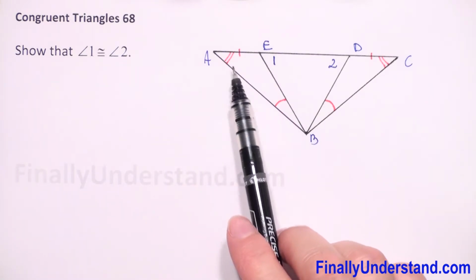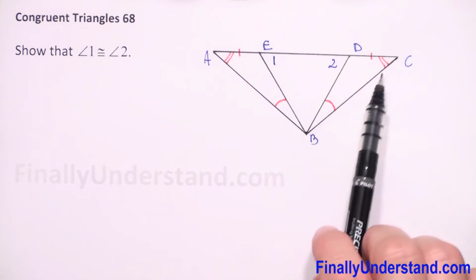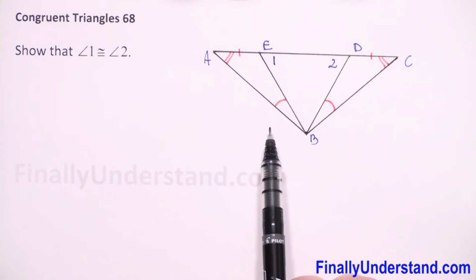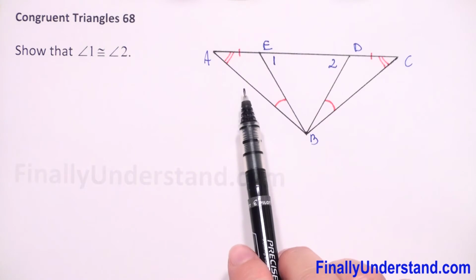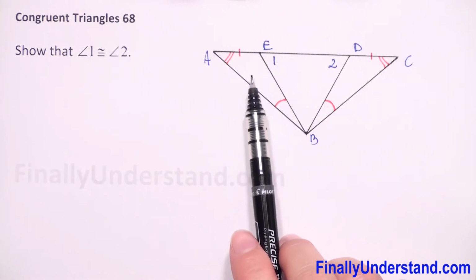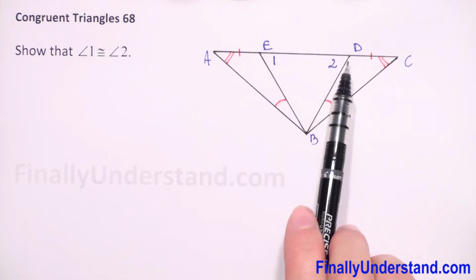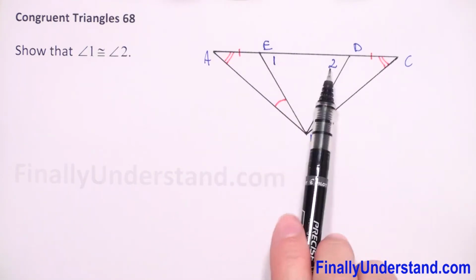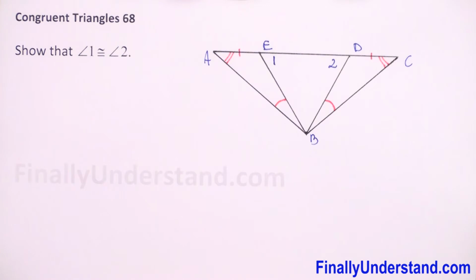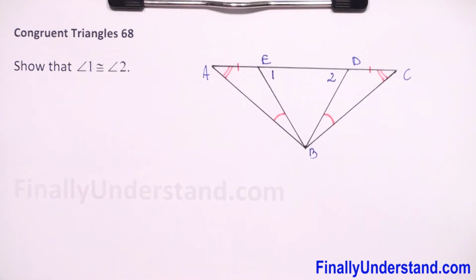So if these two angles are congruent, then by the third angles theorem, these two angles are congruent as well. So let me write this from the beginning.